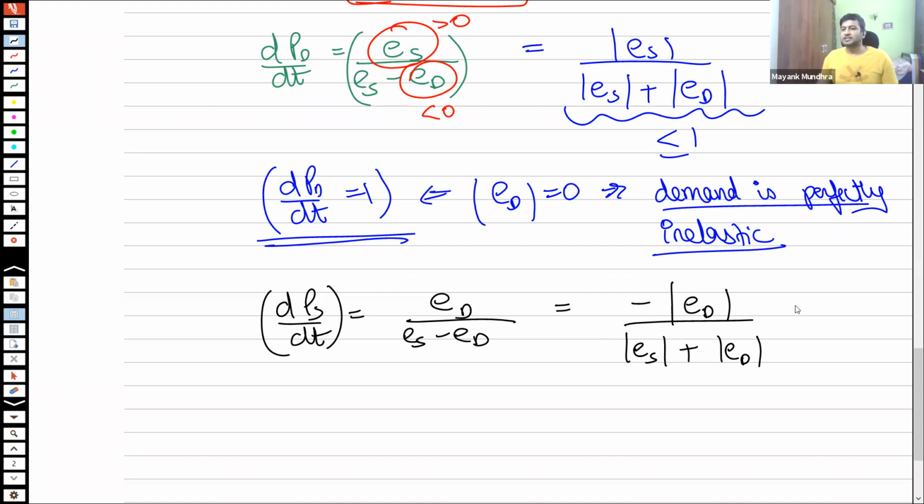The bottom line is consumers and suppliers both get affected by taxation. So in what case would this be equal to 1? Magnitude wise, or in realistic terms, when would this be equal to -1? What here needs to be 0 for this value to be equal to -1?